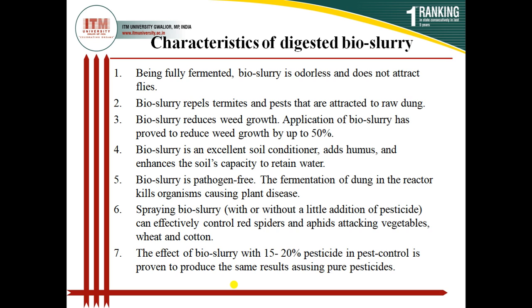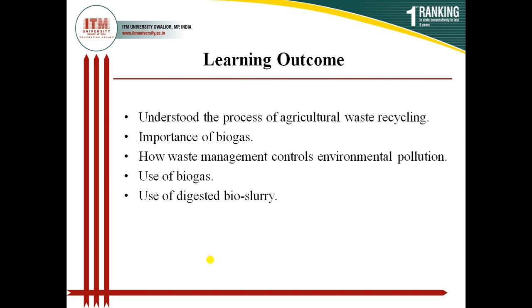Spraying bioslurry with additional pesticide is good for aphid and spider control. The effect of bioslurry with 15 to 20% insecticide in pest control is proven to produce the same result as using pure insecticide. So these are the advantages of bioslurry and the liquid of bioslurry. It can be used in our organic agriculture.